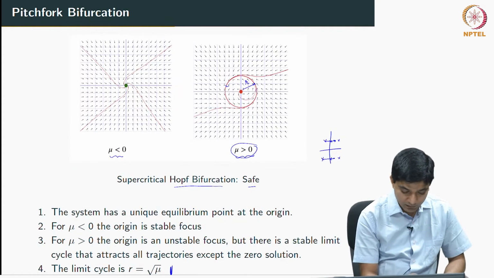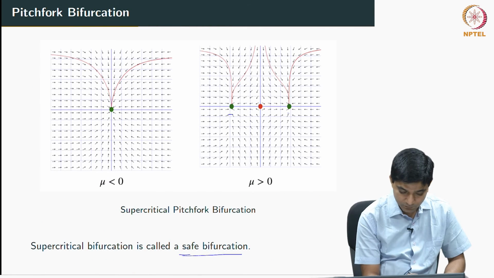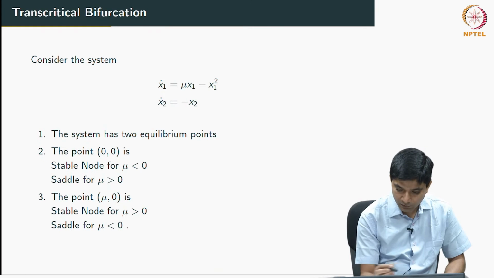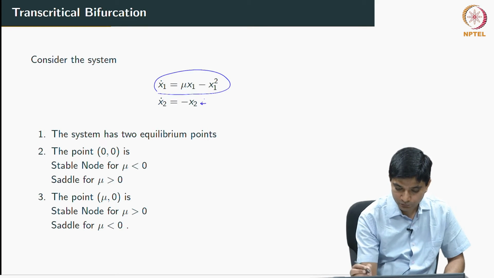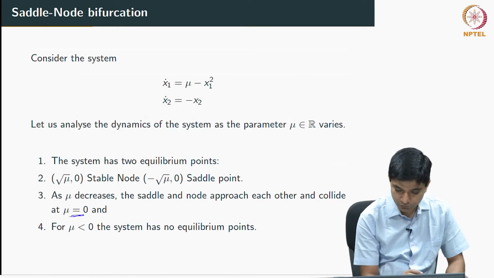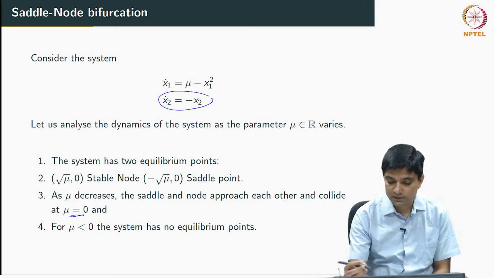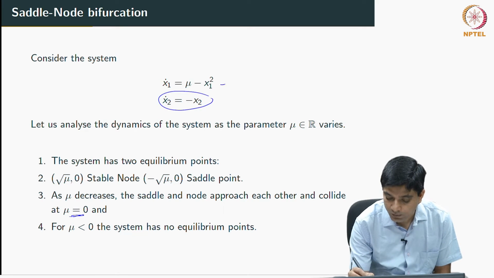Okay, so in much of this, if you look at the examples, everything was depending only on x1, right? The parameter mu had nothing to do with x2. This was true for saddle node bifurcation and so on, except when you were looking at the Hopf bifurcation case. So all these essentially characterize 1D bifurcations, right?